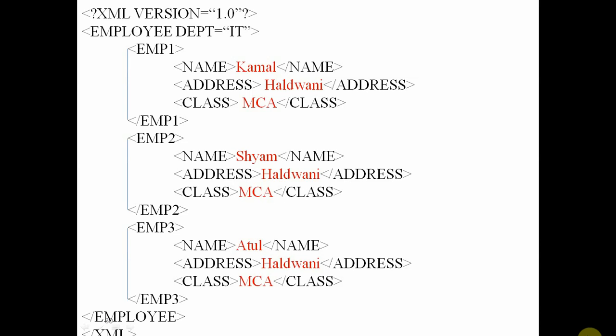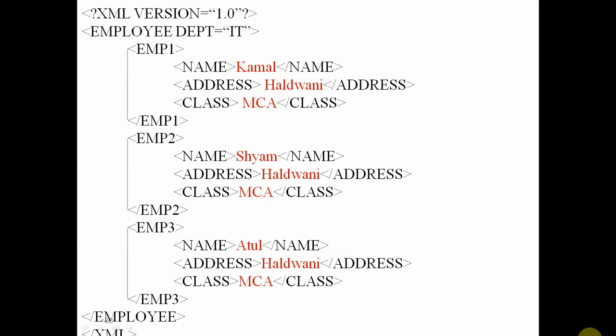Suppose we have a student table, then the tag will be student, and if the first field of the student table is roll number, then roll number will be the tag. This way we define tags in XML.